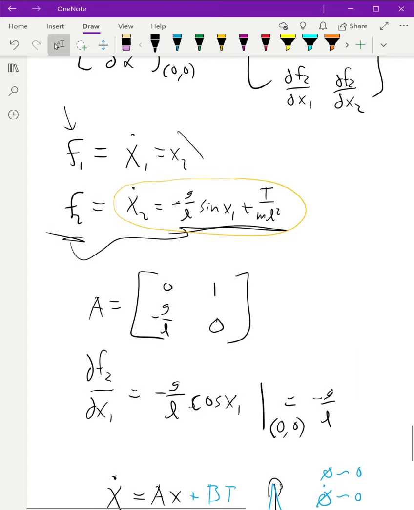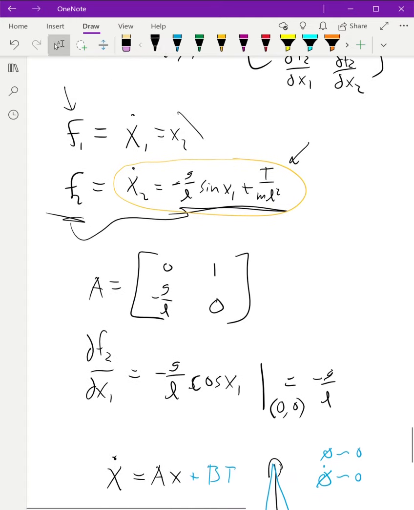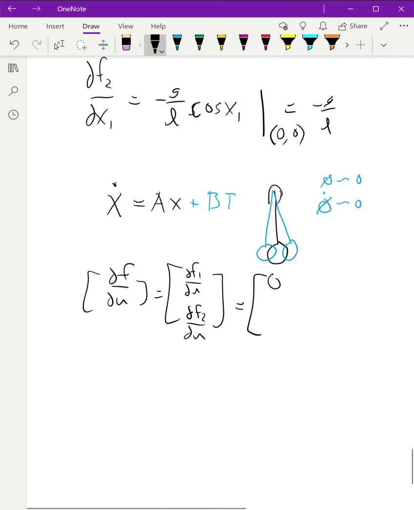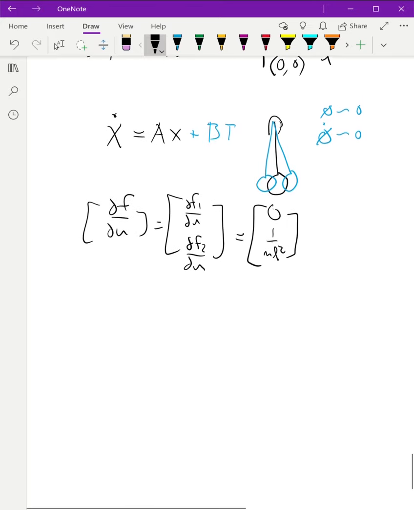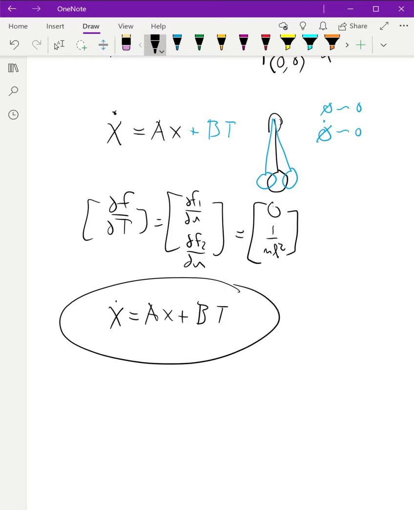The partial derivative of f2 with respect to T is 1 over ml squared. So what we've done is found the B matrix. So now we have x dot equals Ax plus BT. This is our linearized model.